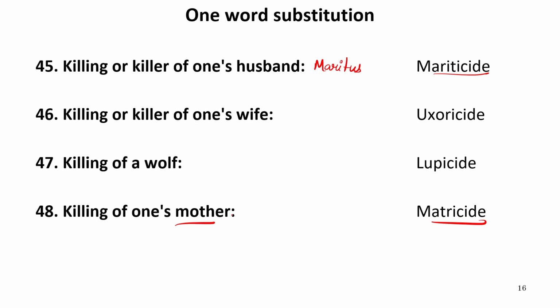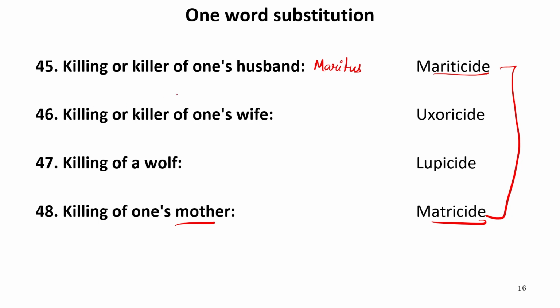For mother you can learn the word maternal, maternity. So from that you can derive that killing of one's mother is known as matricide. But there is a difference between mariticide and matricide: mariticide is killing of one's husband, whereas killing of one's mother is matricide. So there is a difference of pronunciation and spelling too.